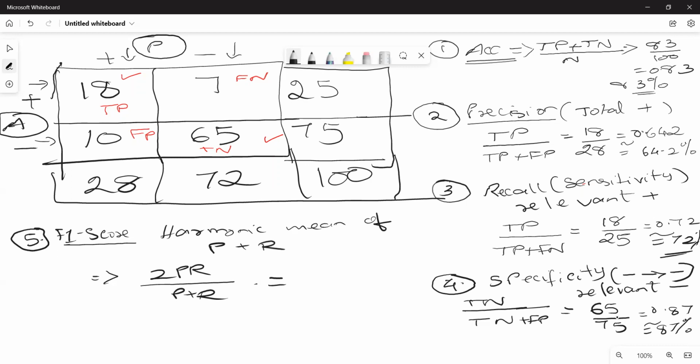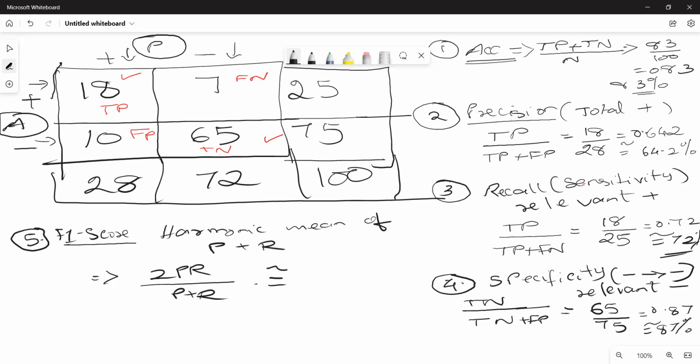So you can just do this calculation and find out. So 2 times 0.642 into recall, divided by the sum, so that comes to around 0.68.